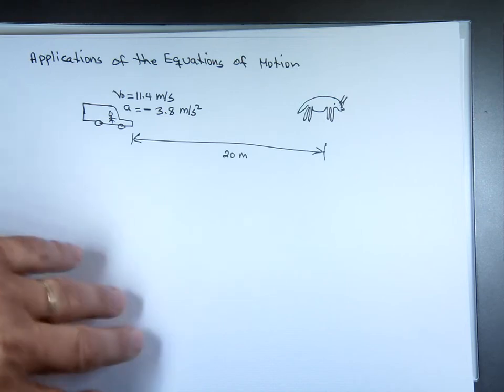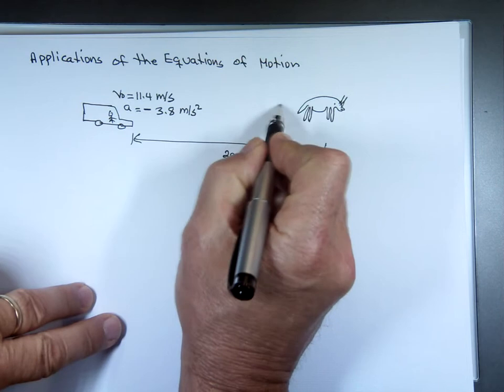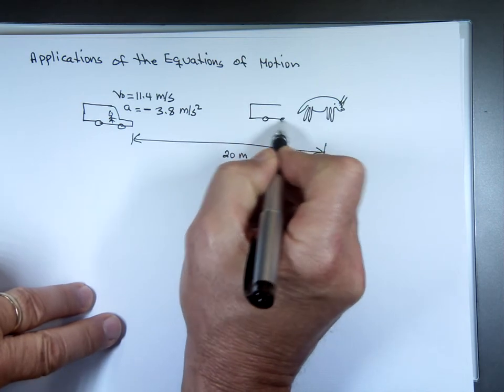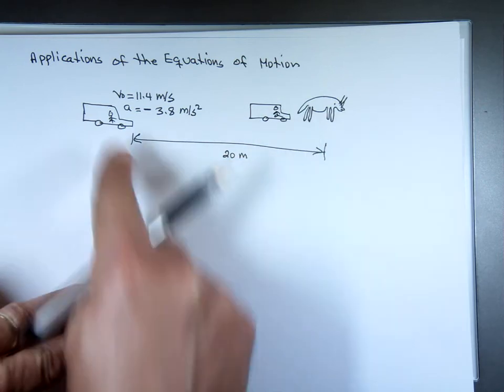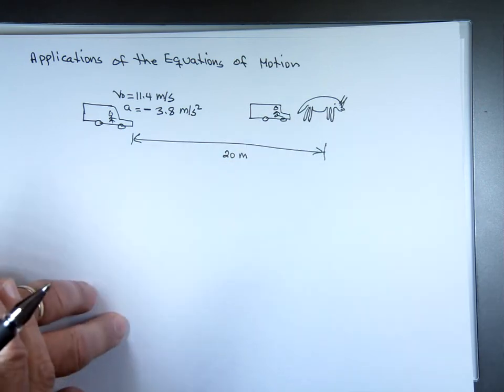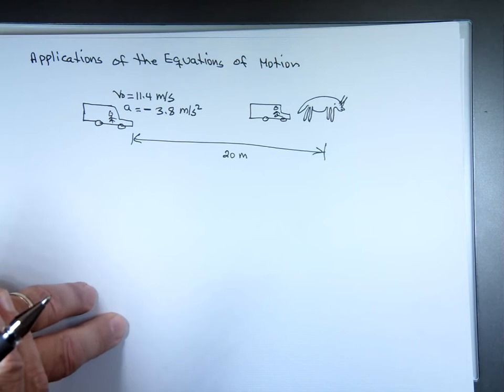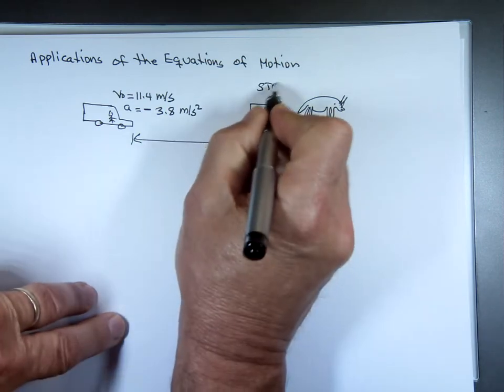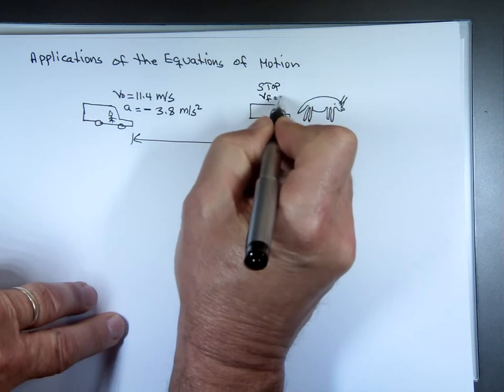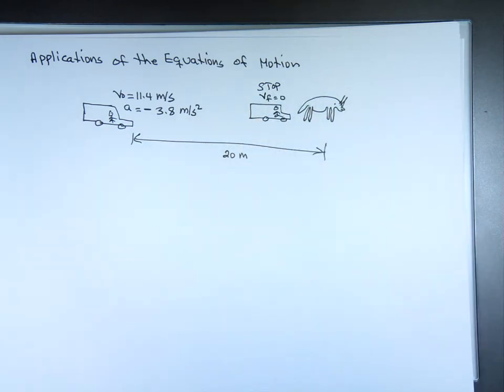Well, when the car stops, we're going to assume we're not going to kill that deer, poor animal there. Let's say the car stopped here. We'll see if it's before we hit the deer or not. When the car stops, what is your final velocity? Your final velocity is 0. So how long is it going to take the car to stop? That's my question.